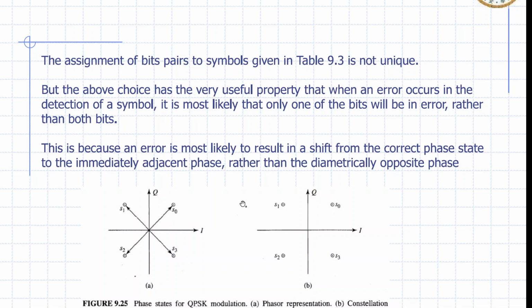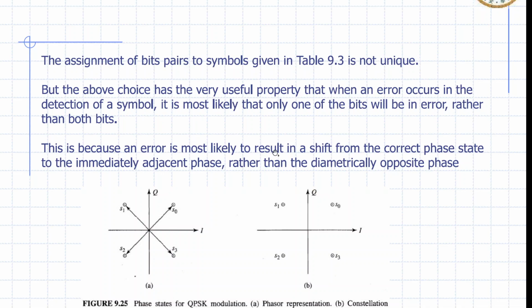So gray code means that these two adjacent symbols differ only by a single bit. This is because when an error occurs in the detection of a symbol, it is most likely that only one of the bits will be in error rather than both the bits. So that is why this gray code is important.